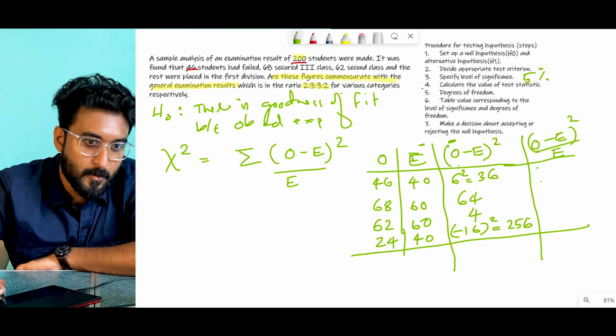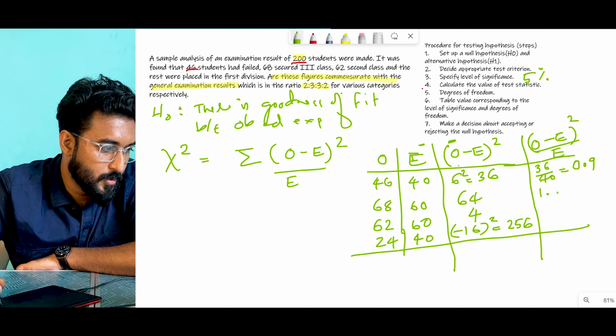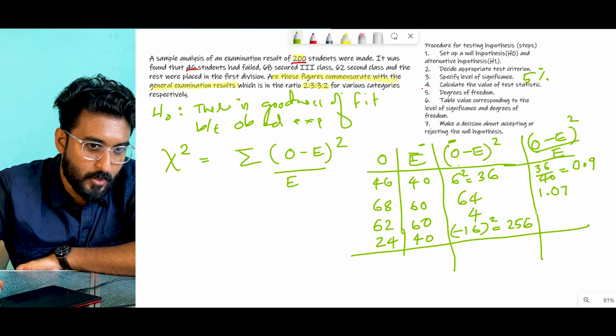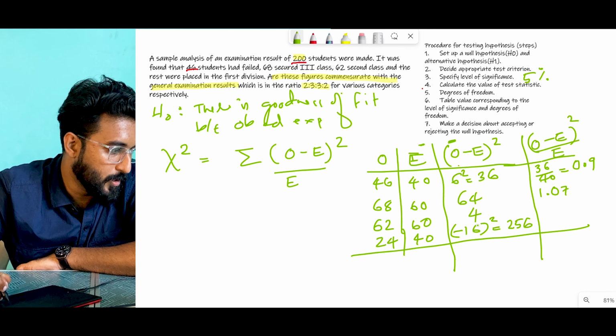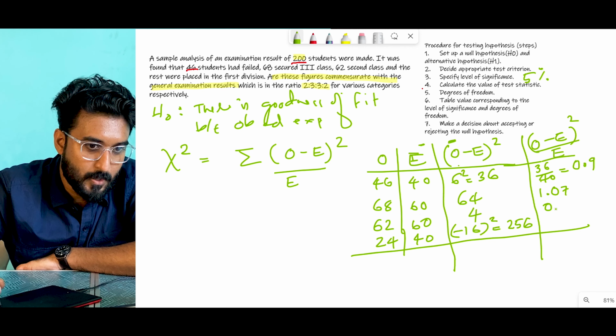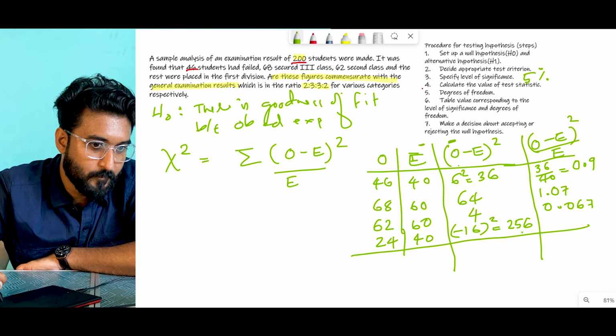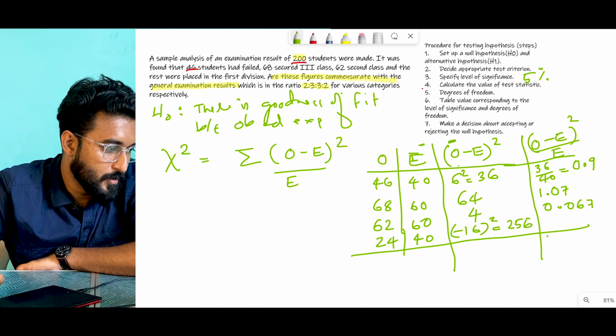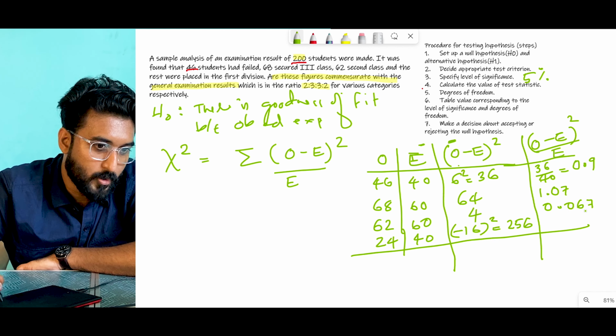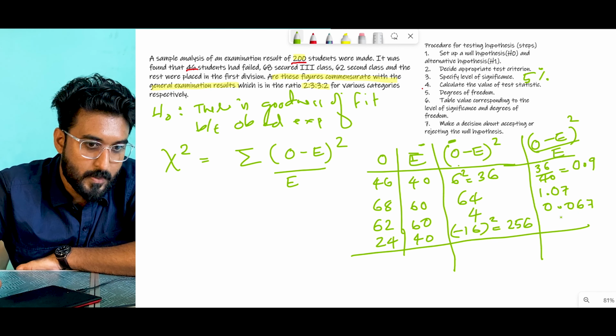Clear. Now O minus E the whole square divided by E, which means each of these values is divided by the expected value. 36 divided by 40 is equal to 0.9. Similarly, 64 divided by 60 is 1.07. Next, 4 divided by 60 is 0.067. And 256 divided by 40 is 6.4.